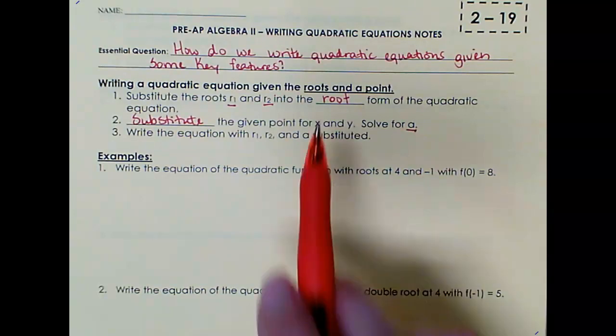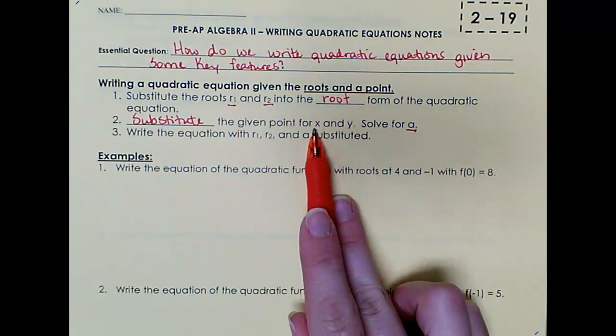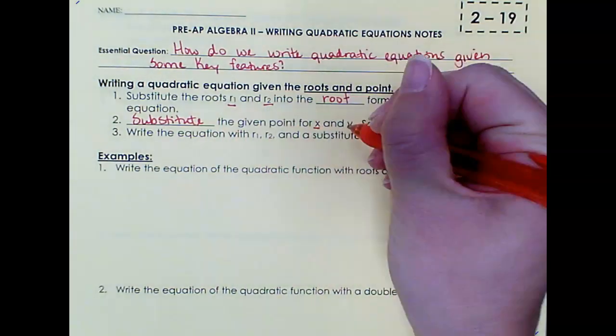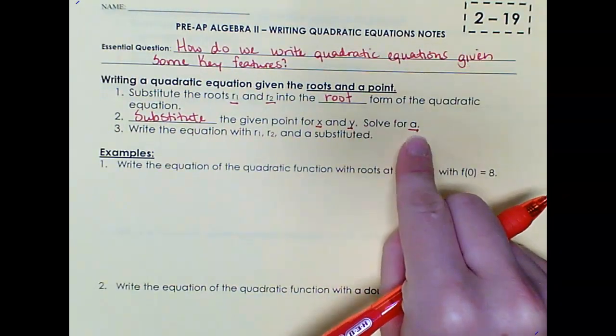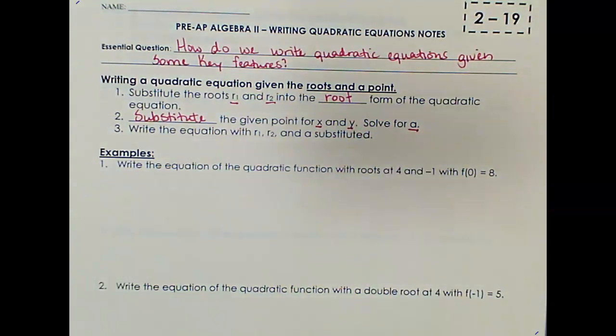So if I'm given roots and a point, you put in both roots, you put in the point for x and y, and then you have to solve for a because that's the only missing part of the equation. And then step 3 is to just finally write the equation with r1, r2, and the a value that you found substituted. So here's the examples.